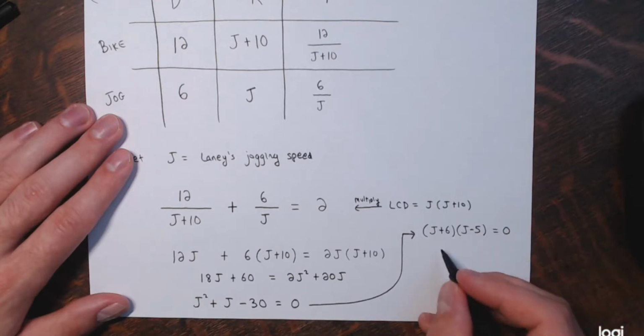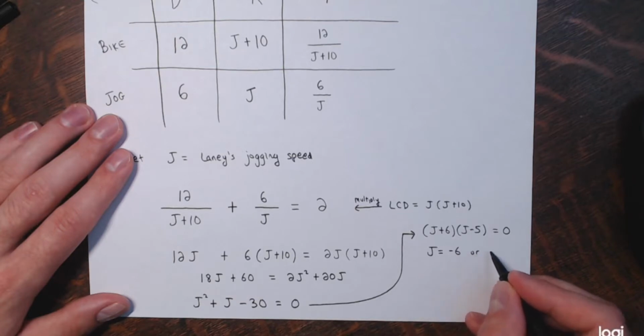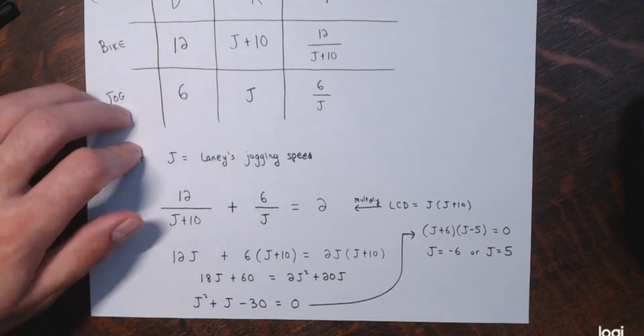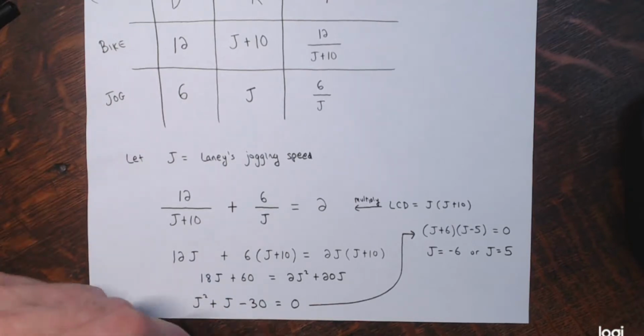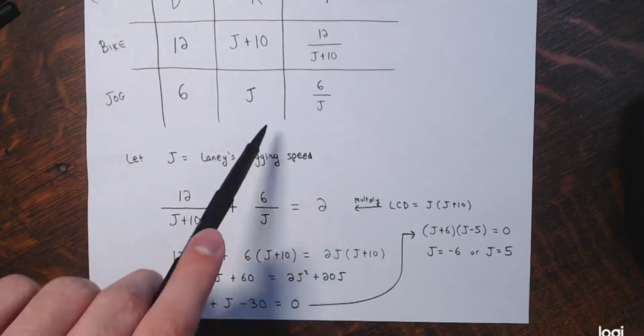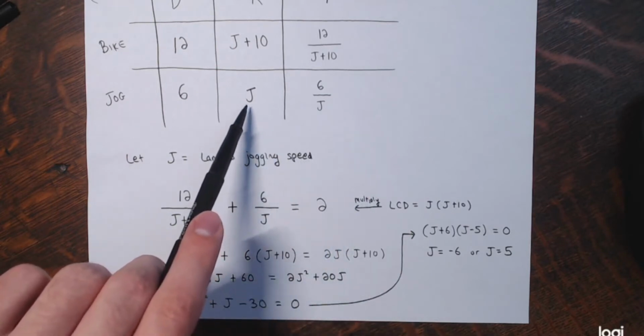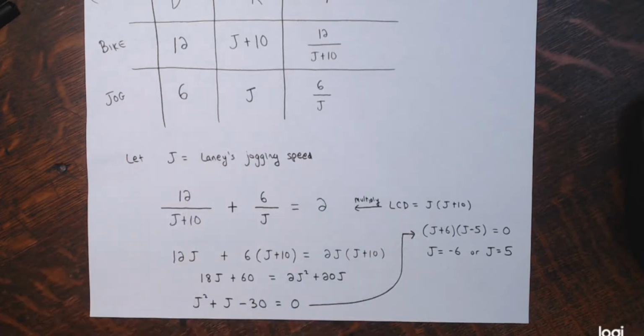And this has solutions J equals negative 6 or J equals positive 5. Now, check them. Which ones actually make sense? Well, if J is negative 6, that means she jogged negative 6 miles per hour. That makes no sense. That can't be, right?